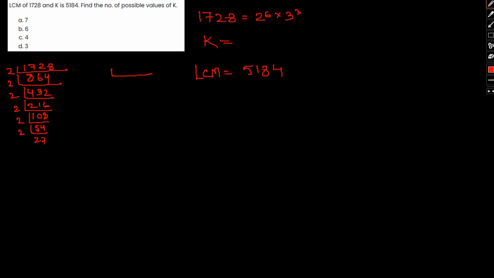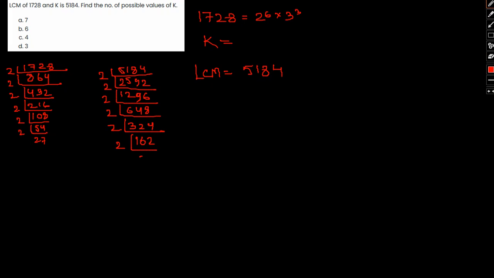So 5184 can be written by dividing repeatedly by 2: 2592, 1296, 648, 324, 162, 81, which is 3 to the power 4.